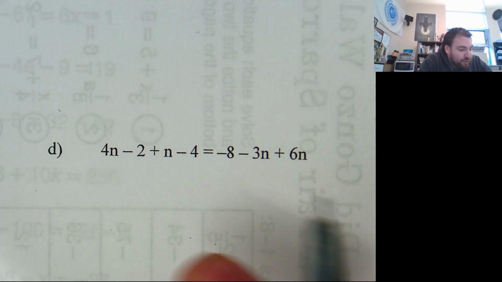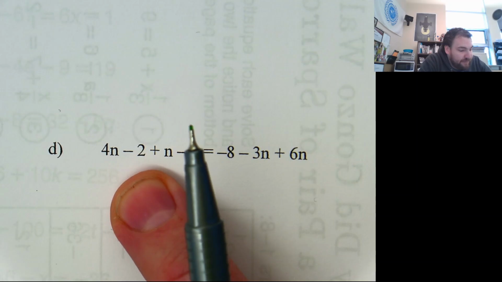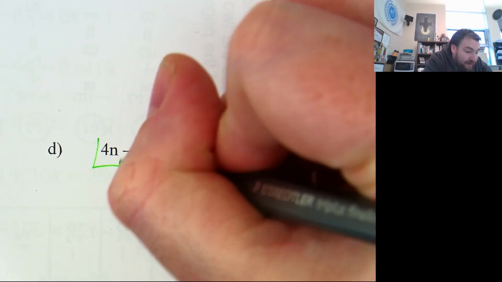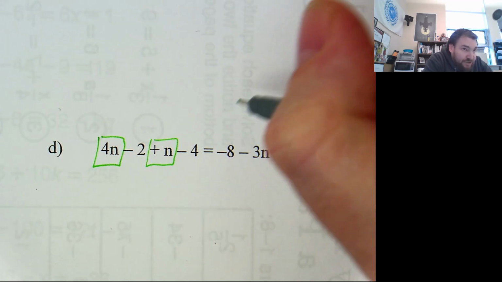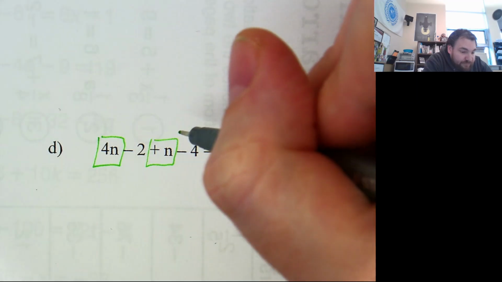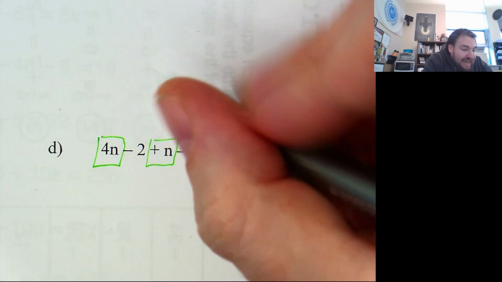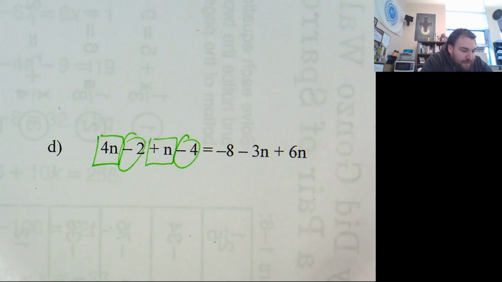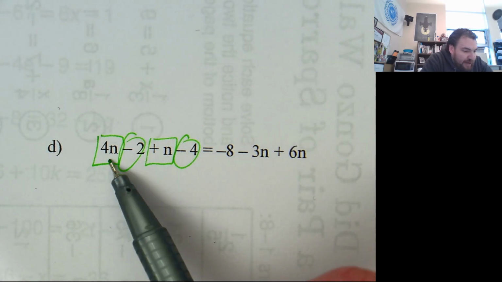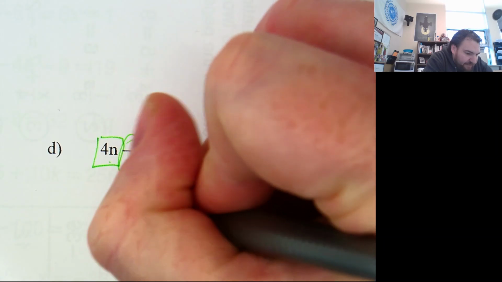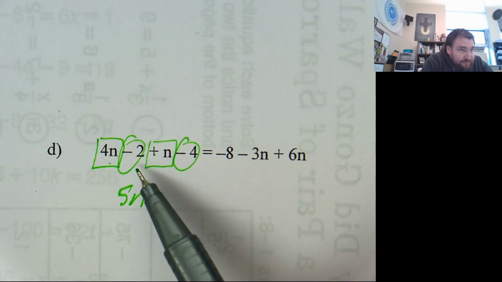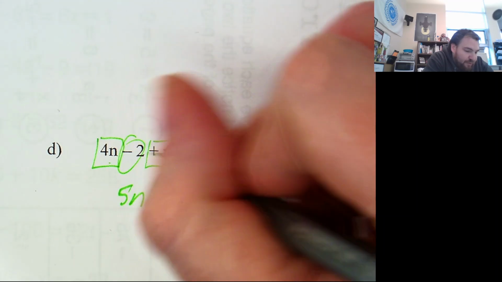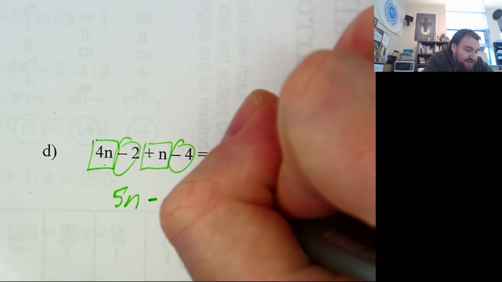What are my like terms on the left-hand side? 4n and n. And then Garrett said negative 6. 4 and negative 2. Almost. Negative 4 and negative 2. So Ethan already said it. 4n plus n is 5n. And then I've got Garrett's negative 2 and negative 4, which is going to give us negative 6. Negative 2 minus 4 is negative 6.